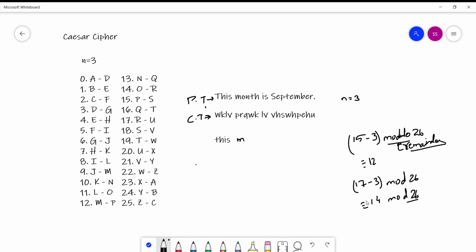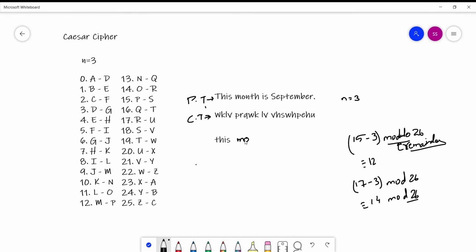So what is the alphabet at number 14? So the alphabet at number 14 is O, right? So R will become O. So you got the point, why we are doing this and how we are decrypting that ciphertext.